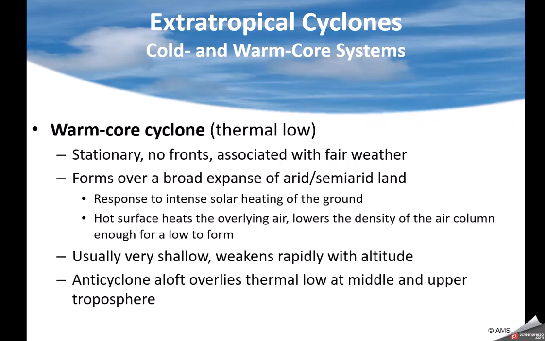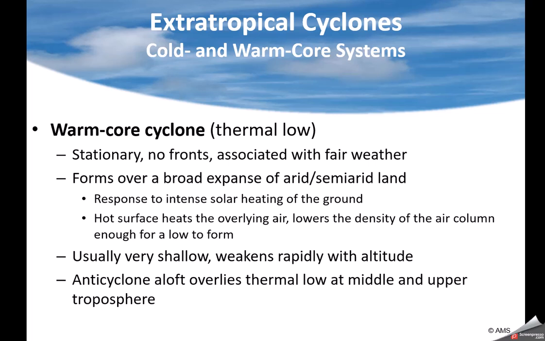There are also warm core lows. These occur many times in arid areas in the summertime, but they can occur some other times as well. What happens is the heating takes place, pushes the air apart. We know the air becomes less dense, so the pressure drops. Now, aloft, because of that warm air, pressure is not going to drop as fast.